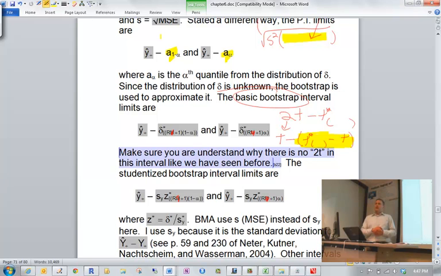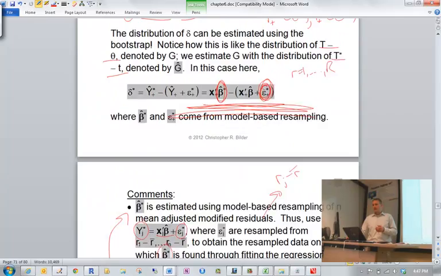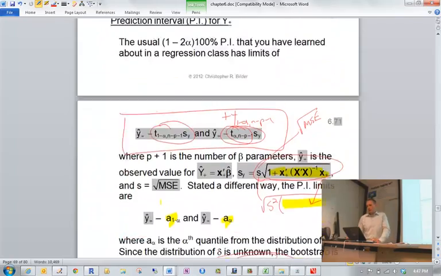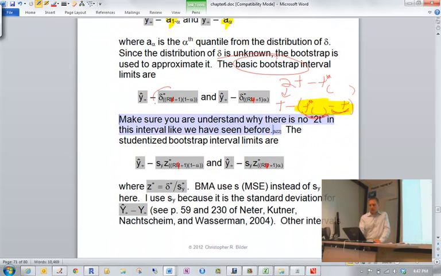Okay. Now, in our particular case, we cannot necessarily separate out the t from the t star here with respect to our delta star. So if we go back and look at delta star here, we can't do that kind of separation. And so that's why I wrote the interval like this. Okay.